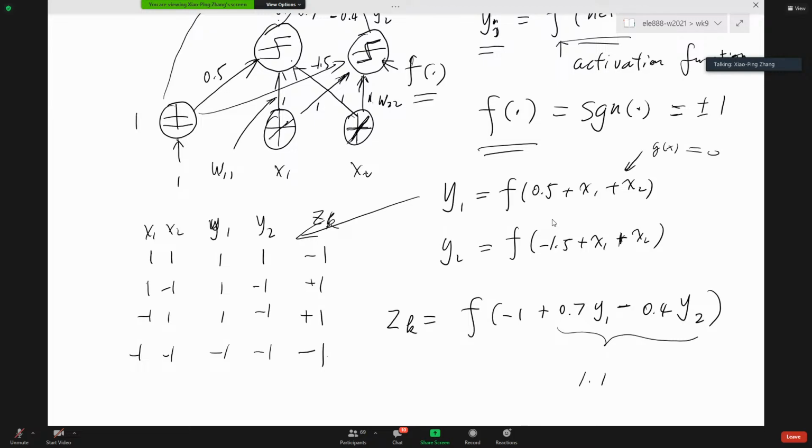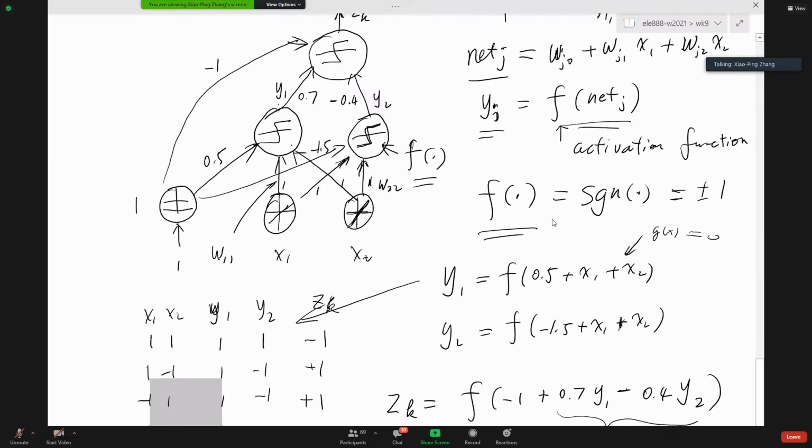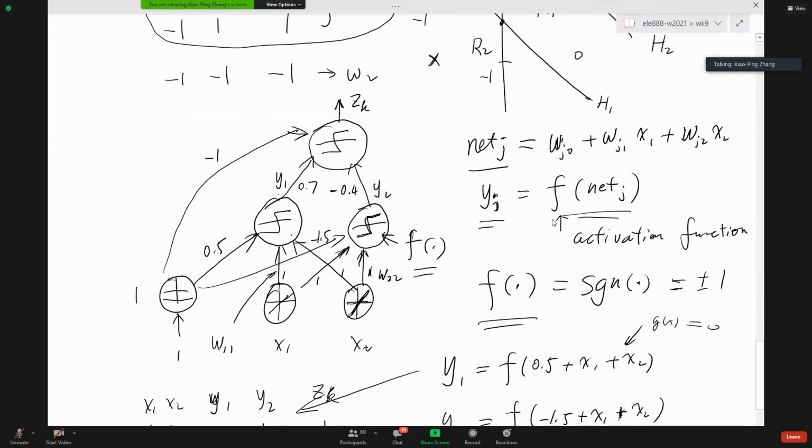What's the difference between yi and zk, right? If you look at it, this is input layer, this layer is hidden layer, and this layer is output layer. So what we're seeing now is a 3-layer feed-forward neural network.